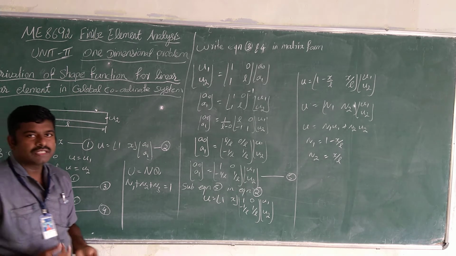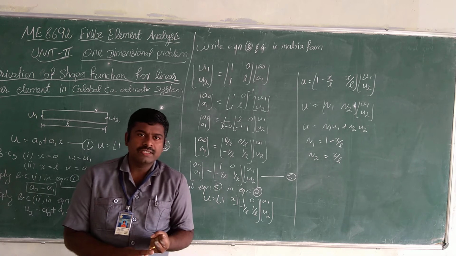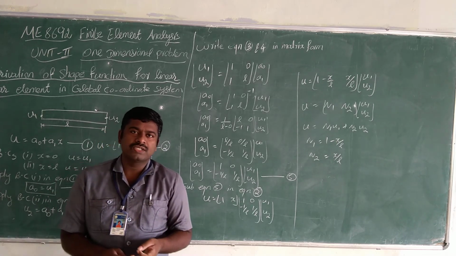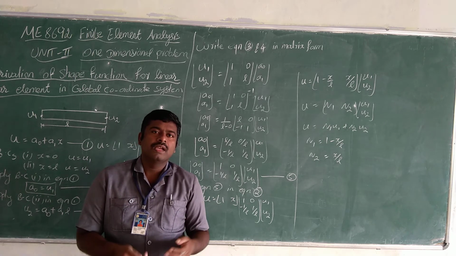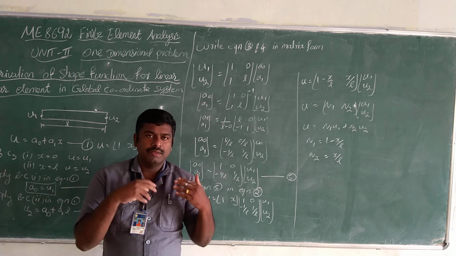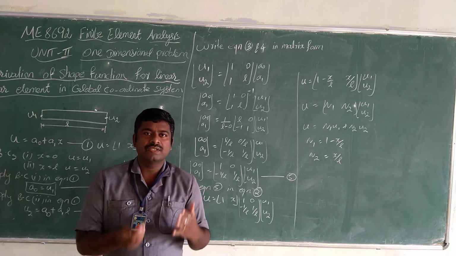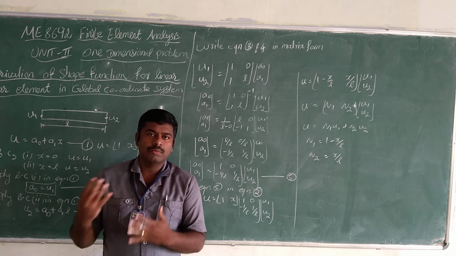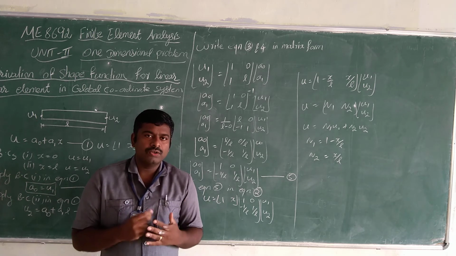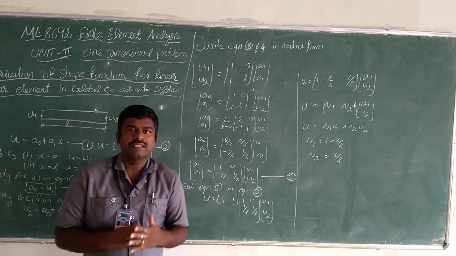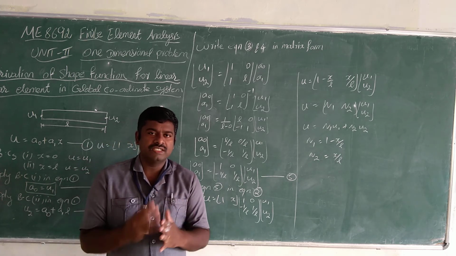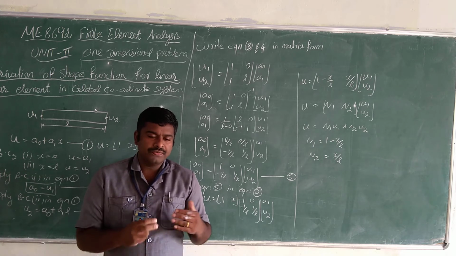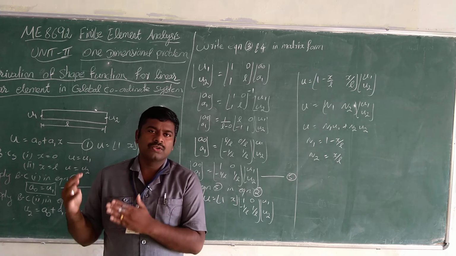Normally coordinate systems are 3 types: global coordinate system, local coordinate system, and natural coordinate system. Global coordinate system means the points in the structure are defined by a coordinate system known as the global coordinate system. Local coordinate system means in finite element analysis a separate coordinate system is used for each element, and it is very useful for determining the element properties, but for the final equations we use the global coordinate system.